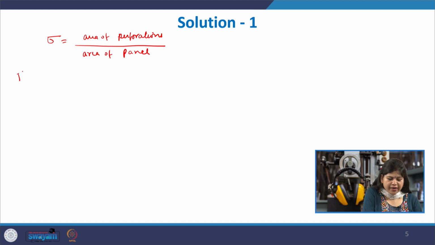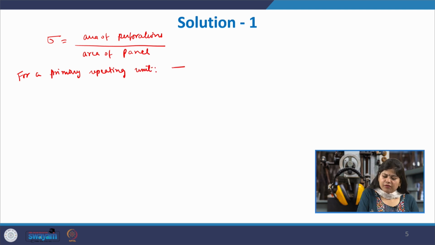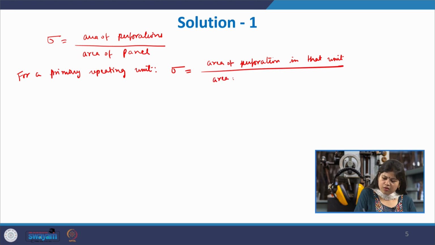So, we can make a primary repeating unit, and simply find the porosity as the area of perforation in that unit divided by the area of the panel within that unit, or the area of the solid phase of the panel.